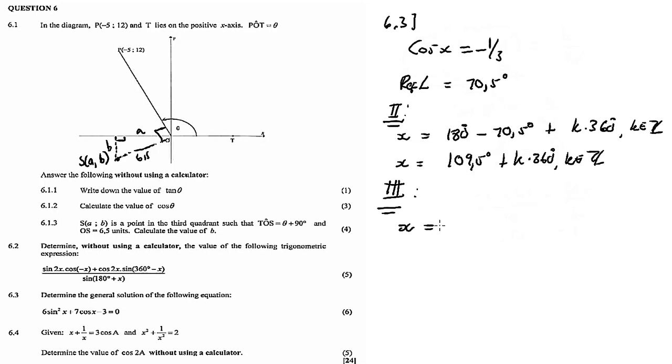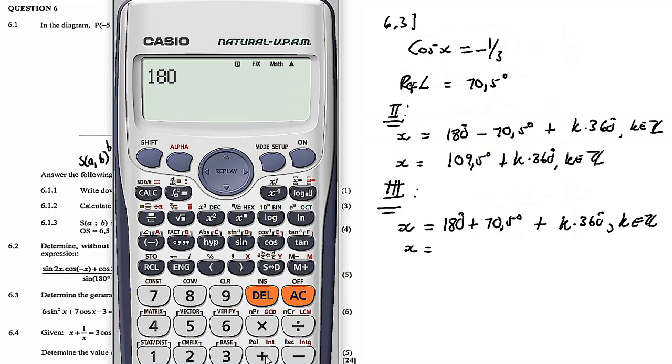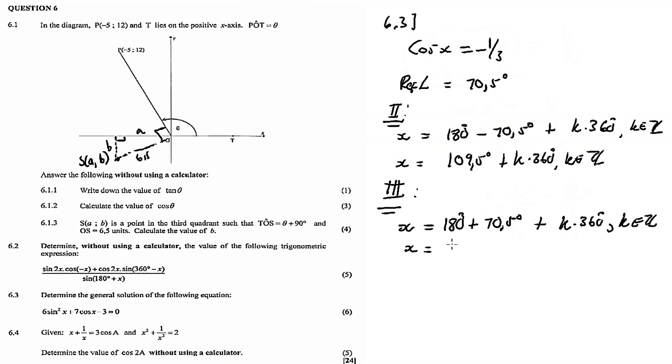So with the third quadrant we find that x is equal to 180 degrees plus 70.5 degrees plus k times 360. Why I like writing k as an element of the integers after the comma: the k is multiplied by the period, and then k is an element of the integers. x is equal to 180 plus 70.5, which is 250.5 degrees, plus k times the period, k an element of the integers. Voila, so you have found your general solution.